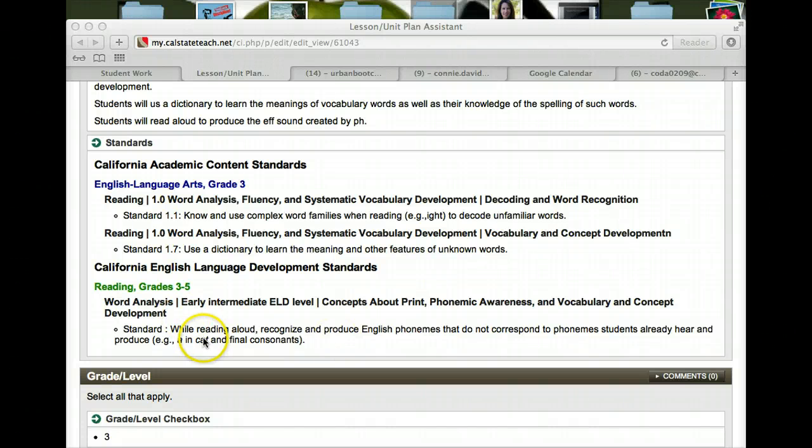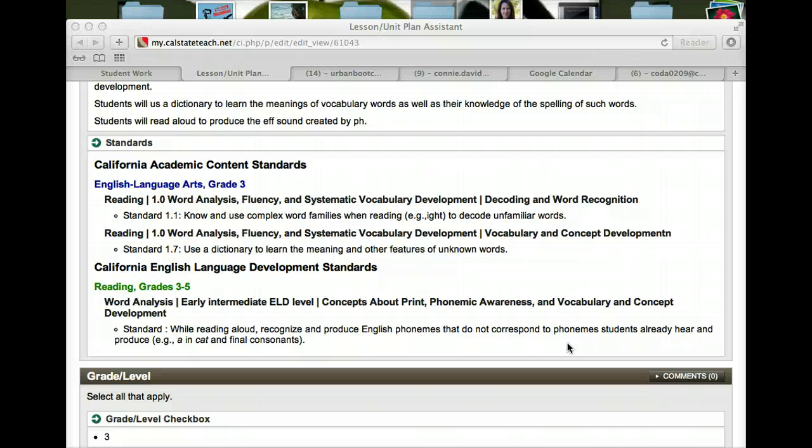So it says, while reading aloud, recognizes and produces English phonemes that do not correspond to phonemes students already hear and produce. So how are you going to ensure that your English language learners are going to do this?